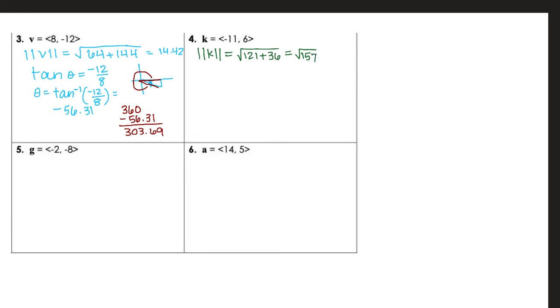And then we're going to say tangent of theta equals 6 over negative 11. And so theta itself is going to be inverse tangent of 6 over negative 11. So theta is going to be equal to 28.6.